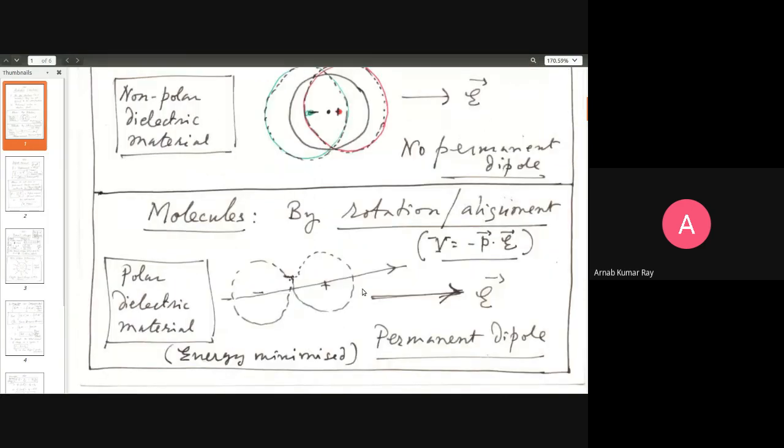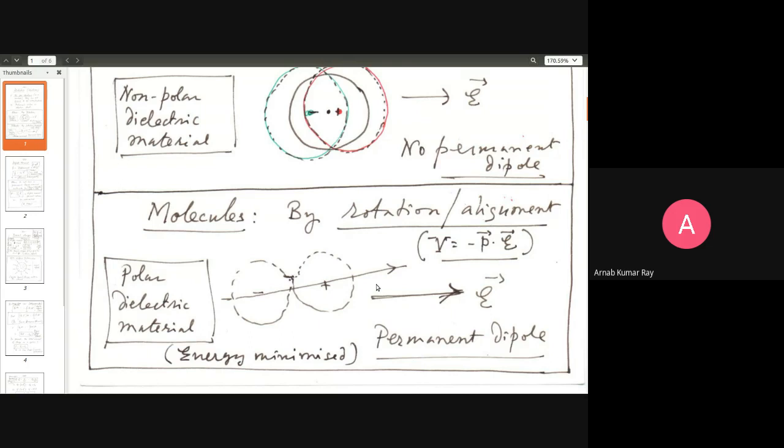Whereas there could be other systems where there could be permanent dipoles, such as in molecules, the water molecule, for example. They already have a dipole-like structure, and when you apply an external electric field, the effect of the external field will be to just rotate the molecules such that the positive charges are rotated in the direction of the electric field, and the negative charges are rotated to a position opposed to it.